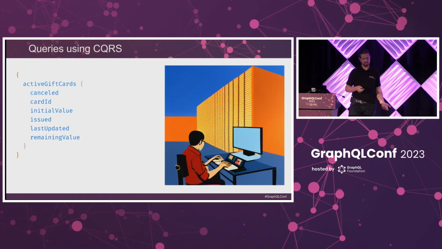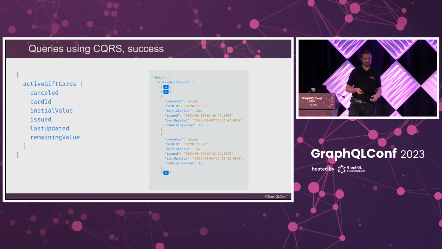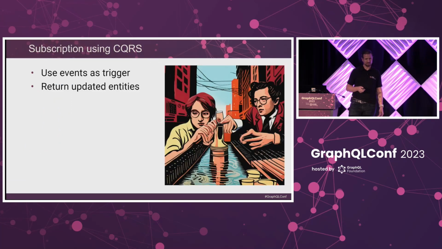So this is pretty simple. This is an example of a query. And then the nice thing, since we have these events as triggers, is that we also can use subscriptions, and then returning any updated entities.